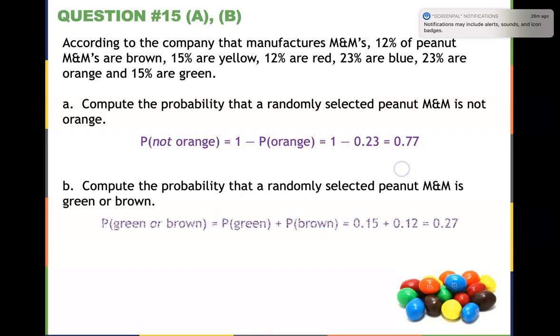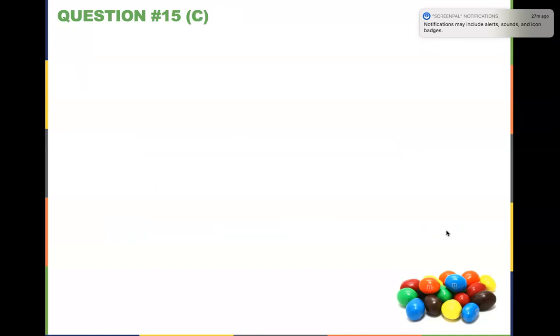So probability of green or brown is simply the probability of green plus the probability of brown, and that would then be 0.15 plus 0.12, corresponding to, up here, we've got the 15% green and 12% brown. Add those together, and you've got 27%. Next scenario.